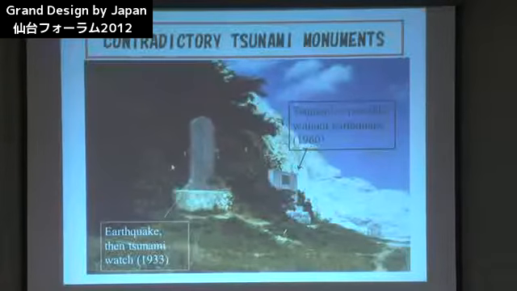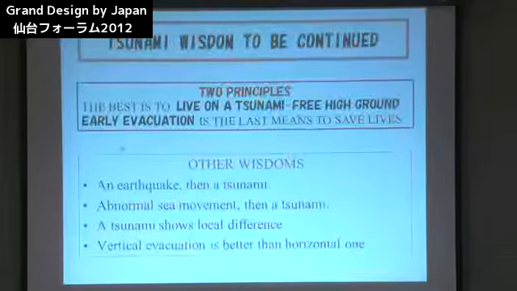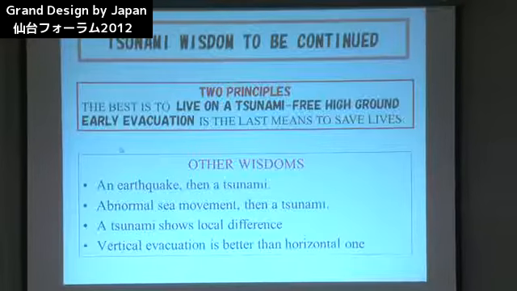So a tsunami is different from other disasters. This is the 1933 monument: earthquake, then tsunami comes. 1960, tsunami without earthquake. So the tsunami wisdom to be continued has two principles.